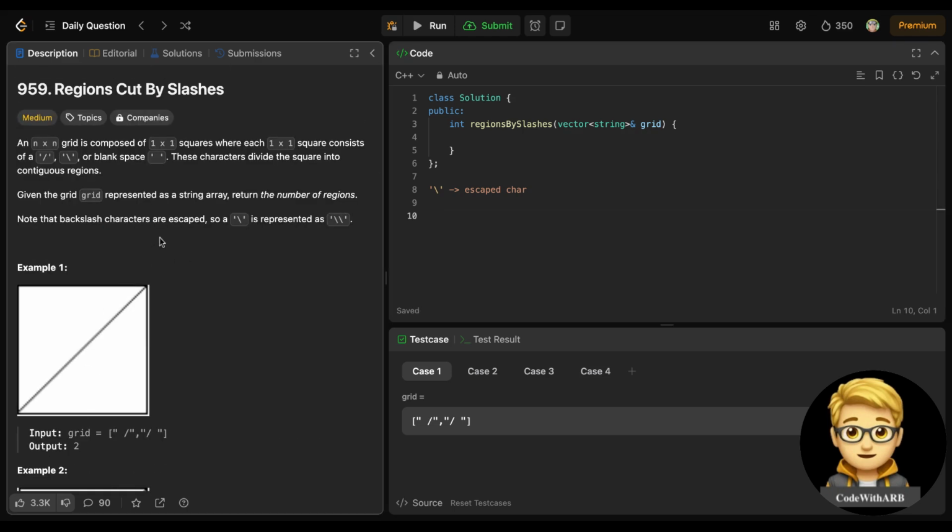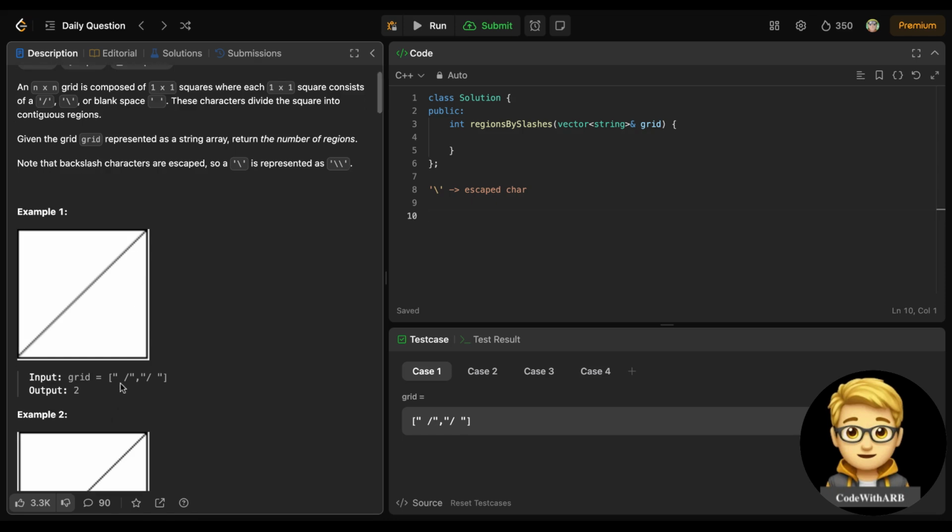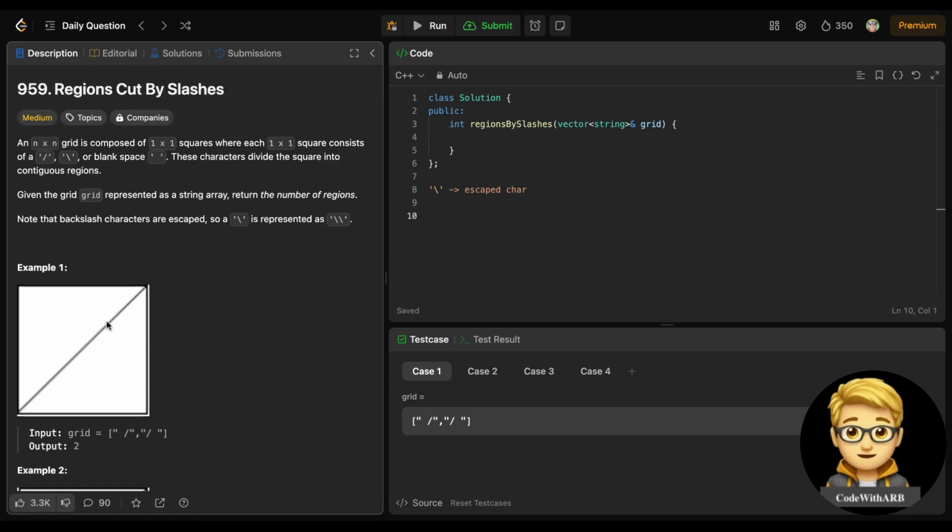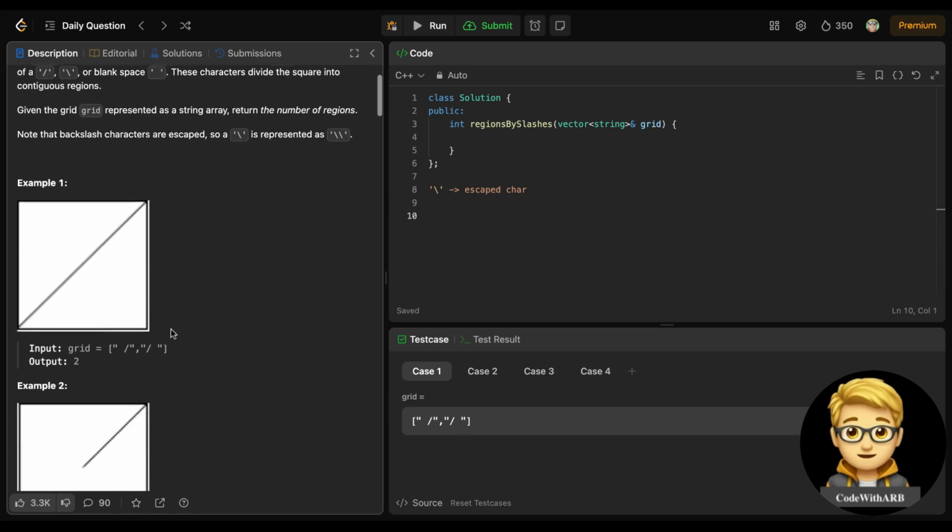The question is asking that we are given some backslash, forward slash, or blank space characters, and we need to cut the square. We have a 1 cross 1 square, and this grid is cutting the square into parts. How many cuts there are depends on the grid size.